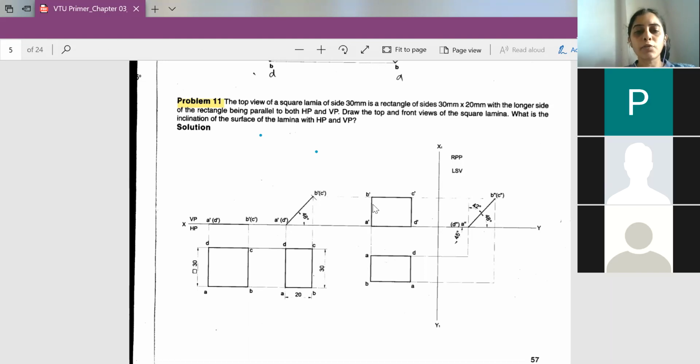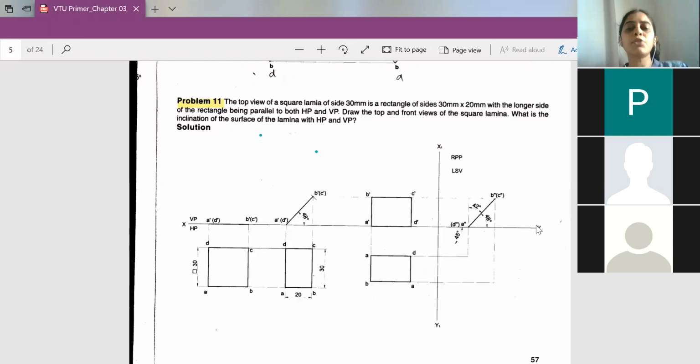Similarly, this is the locus of B, it is meeting B dash at this point. This is the locus of C, it is meeting the locus of C dash at this point. The locus of D is meeting D dash at this point. So you join A dash, D dash, C dash and B dash. Okay, so this completes our three stages.